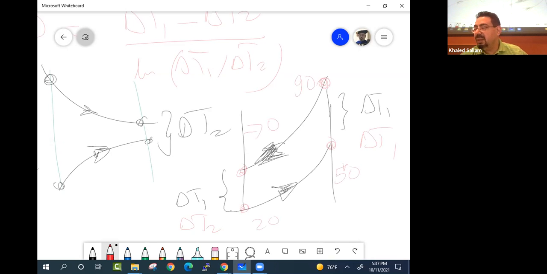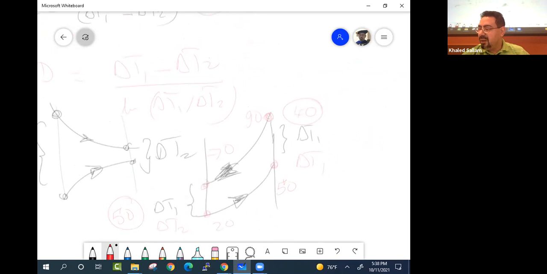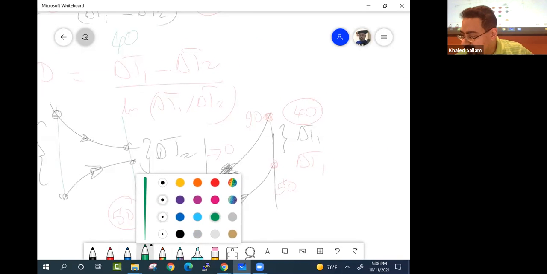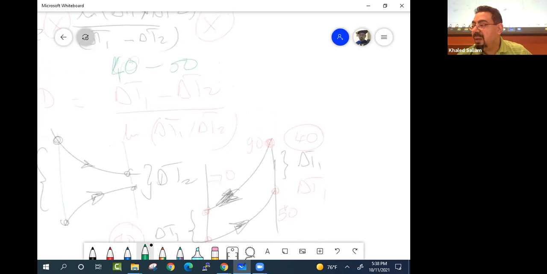So whether you make this 40, this is 50. Whether you make it 40 minus 50, or amazingly 50 minus 40, it's going to be the same. How is that possible?